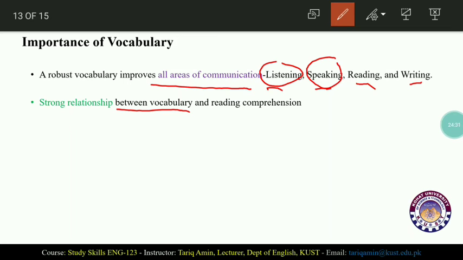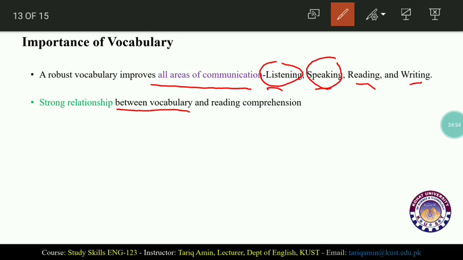You can exchange your ideas, you can talk with other people, and you can explain your points to your audience, if you have a good stock of words, you have extensive vocabulary. If you have extensive vocabulary, it means that you can communicate everything with other people. That is why we say that it improves our speaking as well.